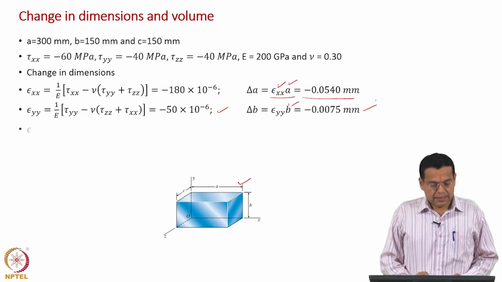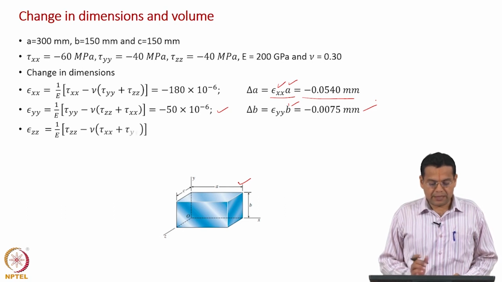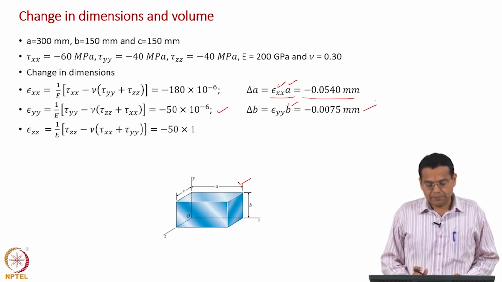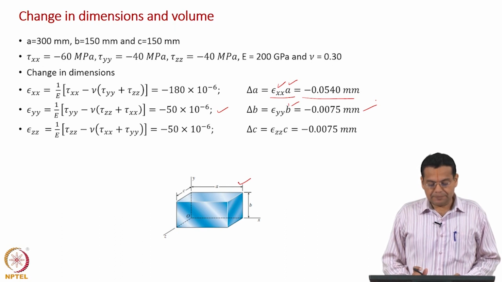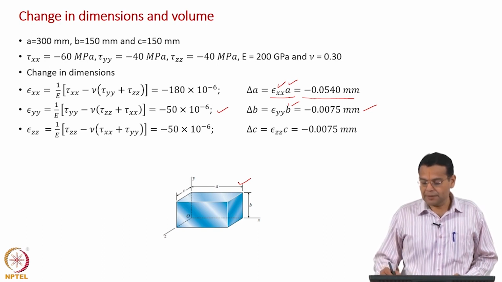Okay. And epsilon zz similarly, substitute in the expression, and the normal strain is same along both y and z direction. To find the change in length, multiply by c, in fact c is same as b. So, we get the same decrease in length.